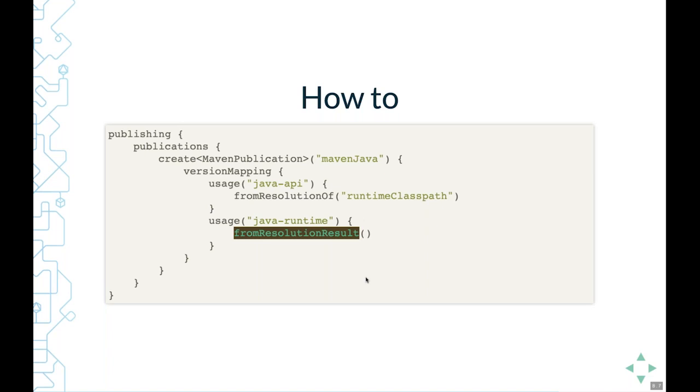It's going to choose the right configuration to resolve for you, and it would just pick up the version numbers from there. If you don't want that and want to use a specific configuration, you can still declare explicitly what you want. Here effectively what we're doing is making sure that both the resolved version of the API and the runtime variant will always use the result of the runtime. Yeah, exactly.